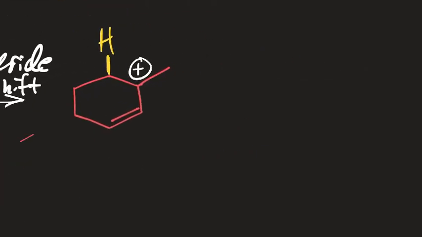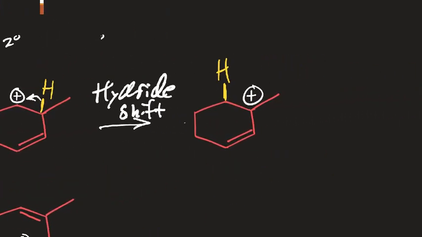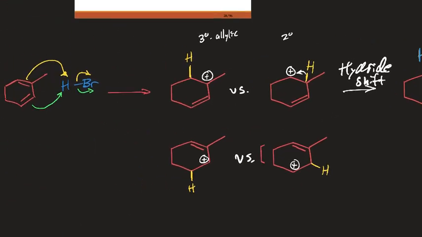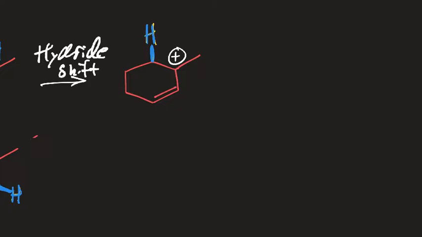All right, so either way, for the top reaction, we're left with this tertiary allylic position. And now we've got a bromine to add in there. I'm sorry, this hydrogen should be blue technically to be consistent. Now we have the bromine.